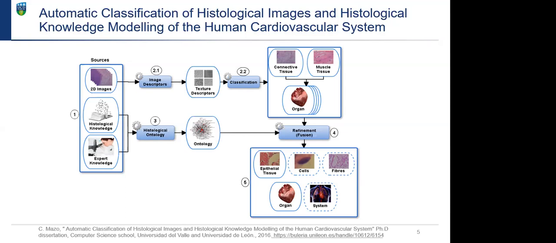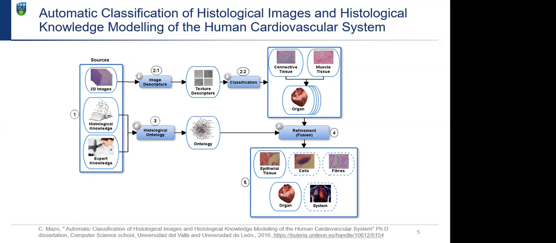So then in this proposal, we use also more generalized descriptors, and after that, we apply machine learning techniques to classify and identify tissues, some kind of cells, and also organs present in this kind of images.